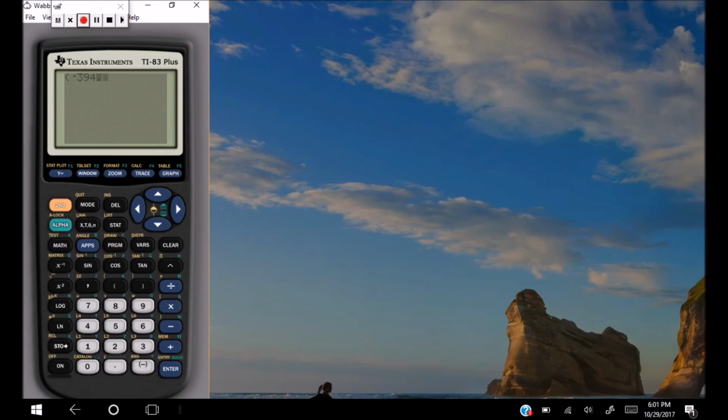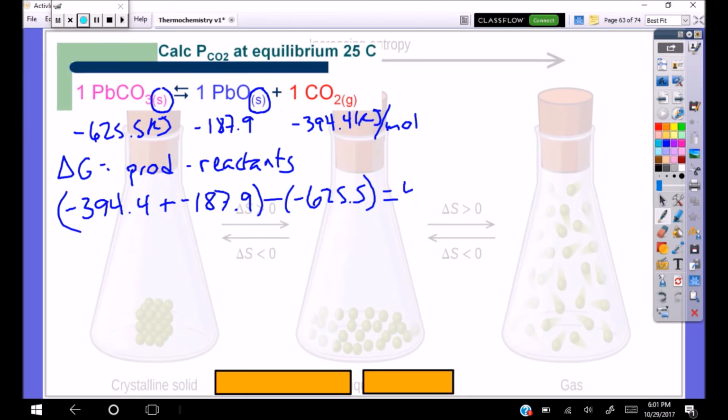Negative 394.4 plus negative 187.9, minus negative 625.5. And we get 43.2 kilojoules, okay? I'm going to do myself a favor and make that into joules: 43,200 joules per mole.